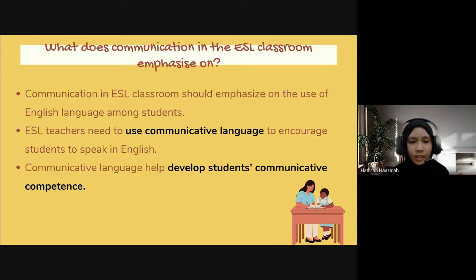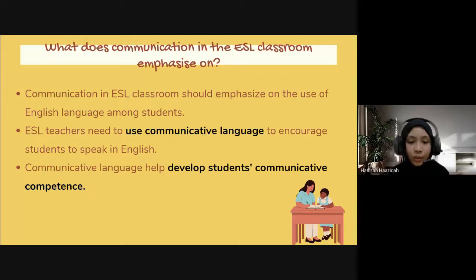So what is communicative language? It is when a teacher emphasizes or utilizes the target language in the classroom. If it's an ESL classroom, the target language would be English. So the teachers would use English in class in order to persuade and encourage students to also use English in class.